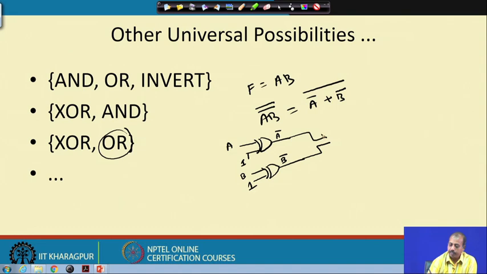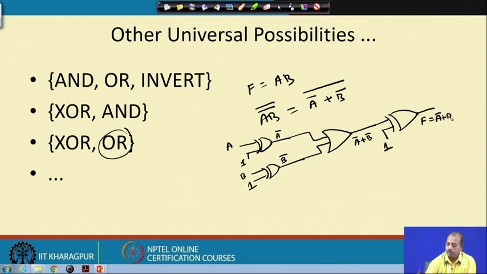Since I have an infinite supply of OR, I can use one OR gate here. So, this gives me A bar or B bar, and then I do another inversion by connecting it to another XOR gate with the other input tied to 1. So, here you get F equal to A bar or B bar whole bar, fine.